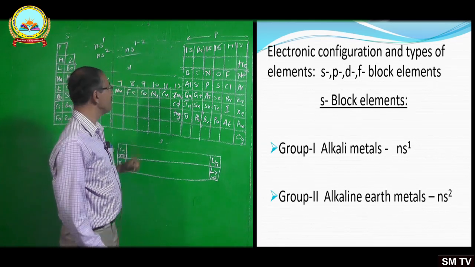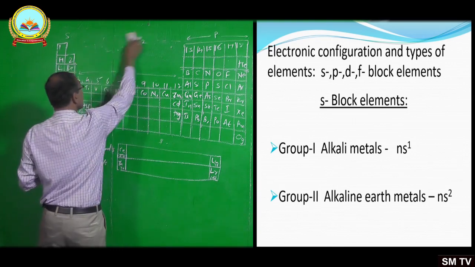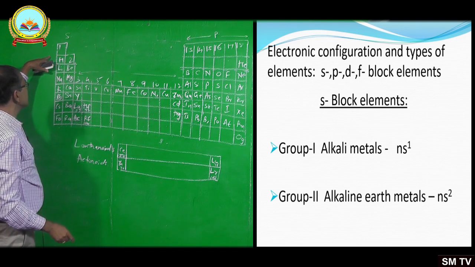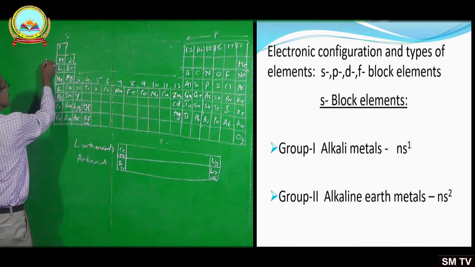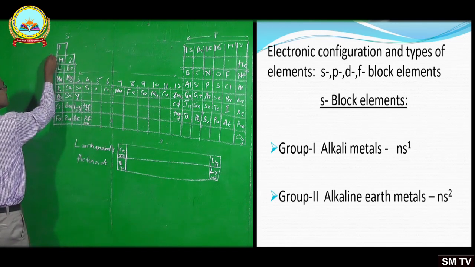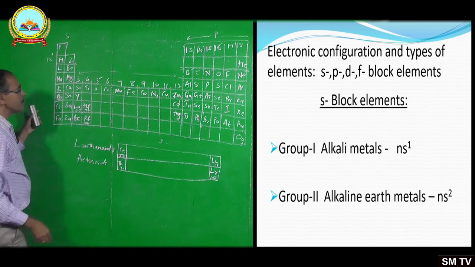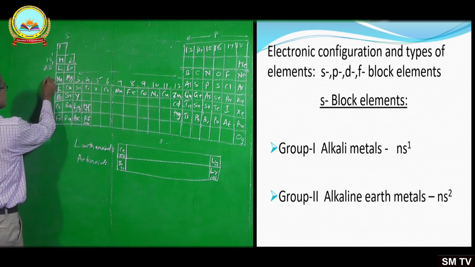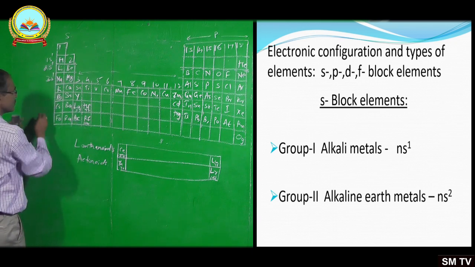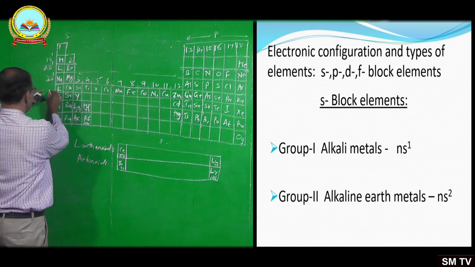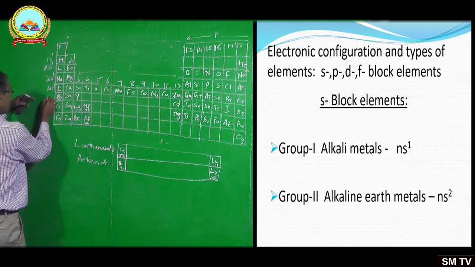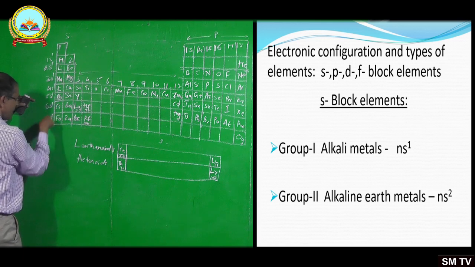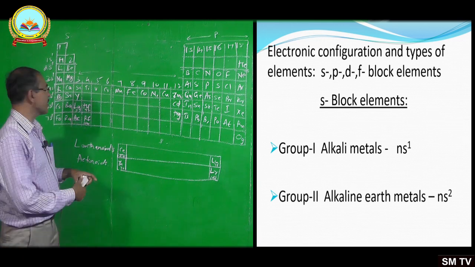The meaning of ns1 here is, see, hydrogen has 1s1 configuration, lithium has 2s1, sodium has 3s1 configuration, potassium has 4s1, rubidium 5s1, 6s1 and francium has 7s1 configuration.